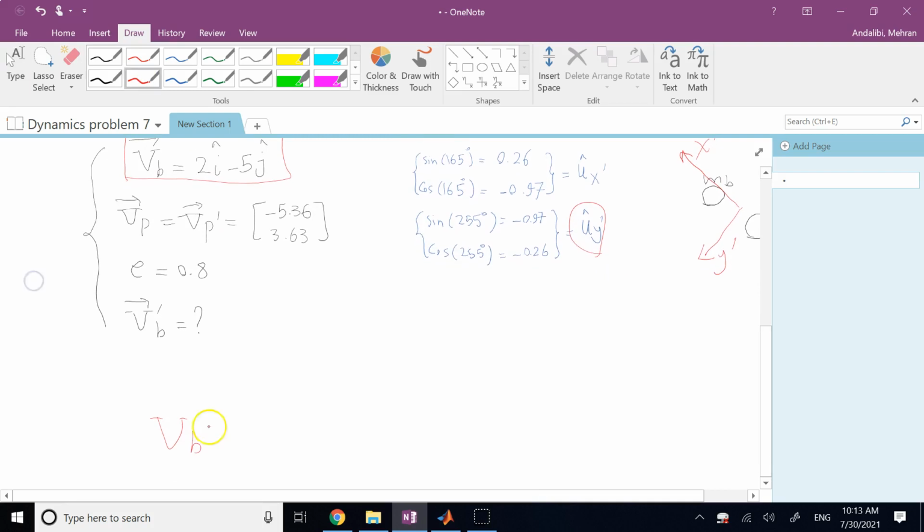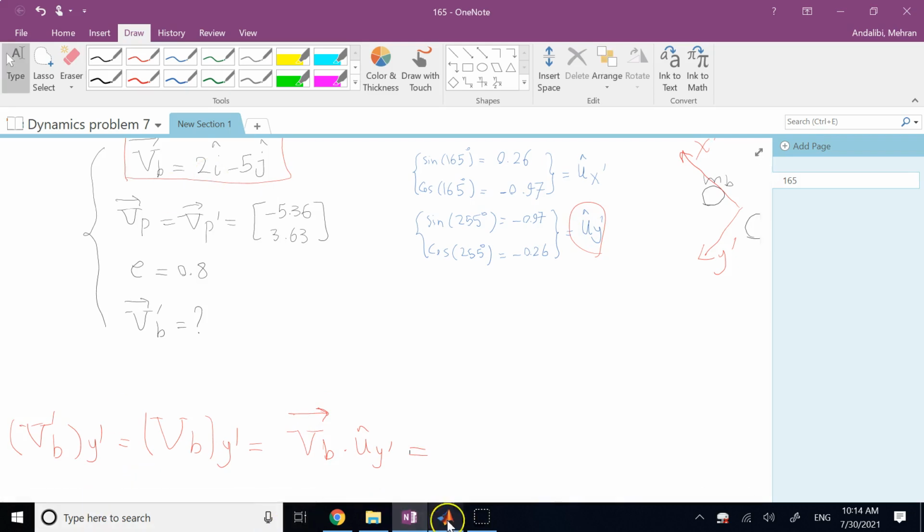So VBy prime, which is the velocity of B in the y prime direction before impact, it's going to be the same as whatever it is after impact, V B prime in the y prime direction, and that is equal to VB dot u y prime.